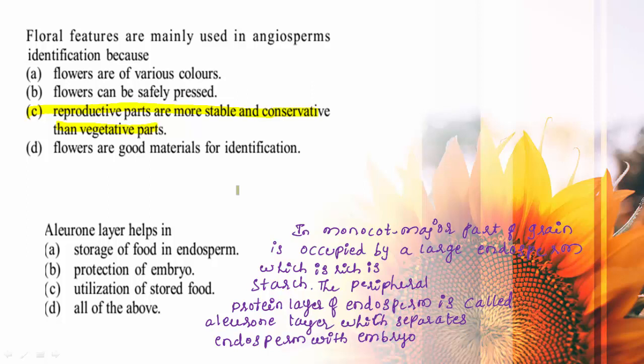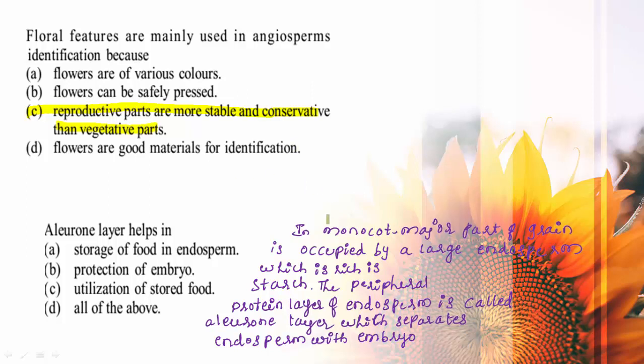Then coming to the next character. Aleurone layer helps in storage of food in endosperm, protection of embryo, utilization of stored food, all of the above. So where do you find the aleurone layer?